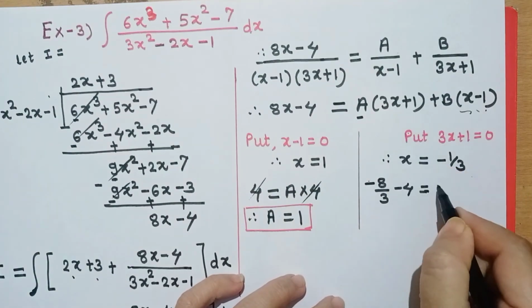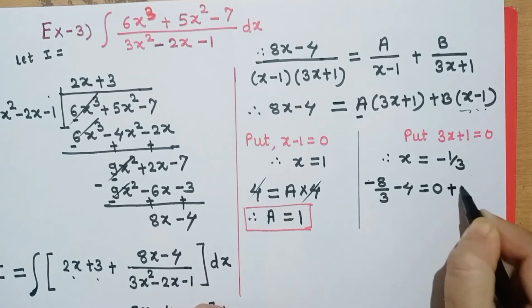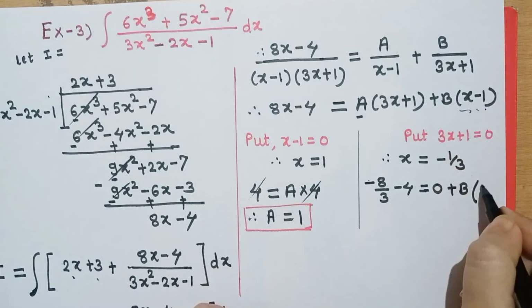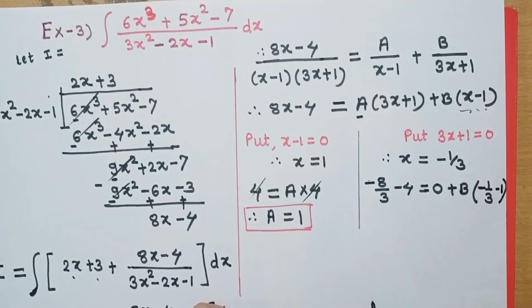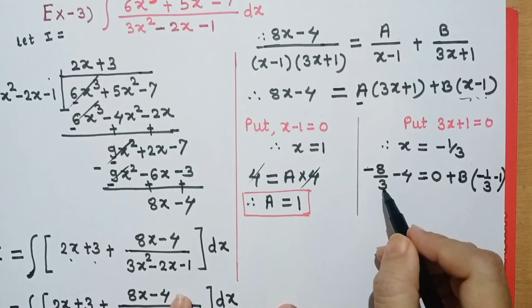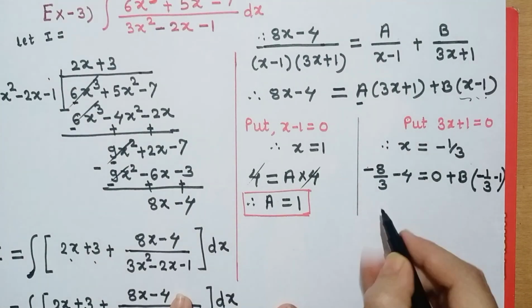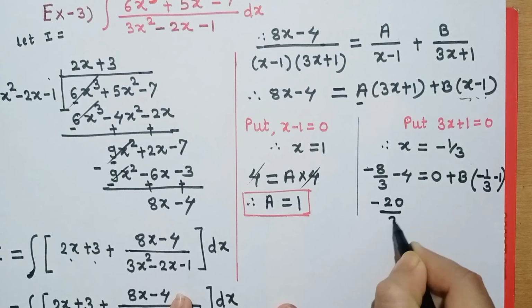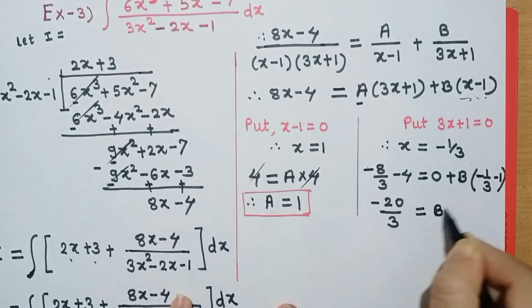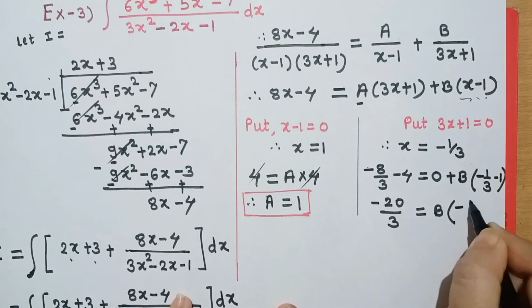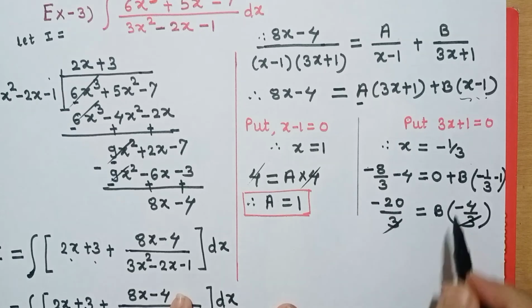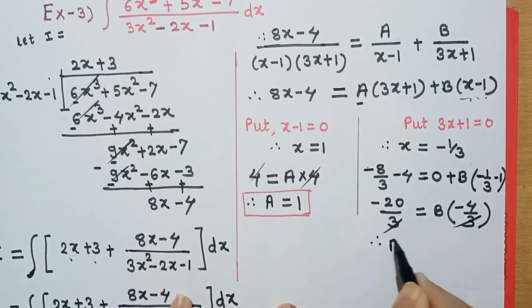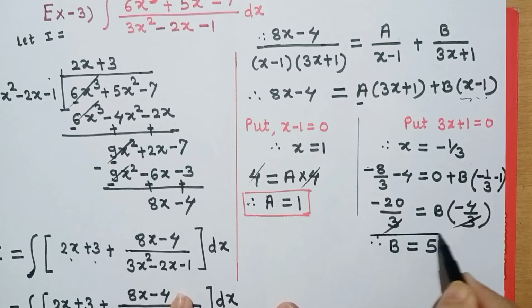Check now, this bracket is 0, so here we will write 0 and then plus b, and here minus 1 upon 3, and this is minus 1, this bracket complete. Again check, 3 fours are 12, so minus 12 minus 8 is minus 20 upon 3, and here b in bracket minus 3 minus 1 is minus 4 upon 3. This 3 gets cancelled, minus sign also gets cancelled, and therefore b is equal to 4 fives are 20, so b equal to 5.